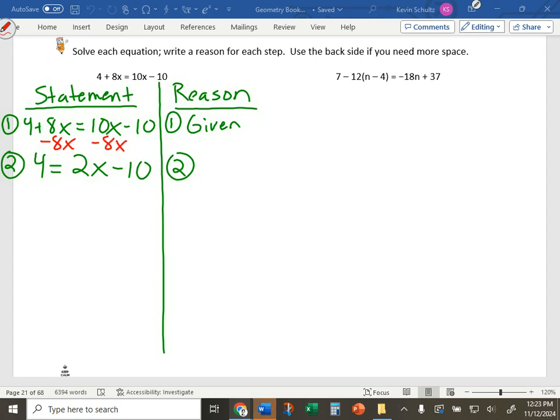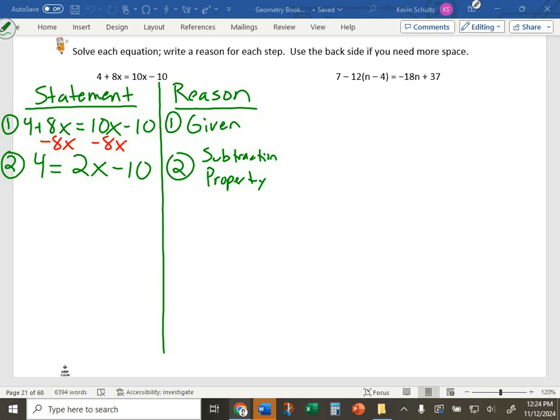We don't write the minus 8x because this is geometry, not algebra. But what property from up above, Hugo? The subtraction property. You can defend that 4 equals 2x minus 10 because of the subtraction property. If you subtract the same thing from both sides, it's still going to have the same value. That's what the subtraction property says.